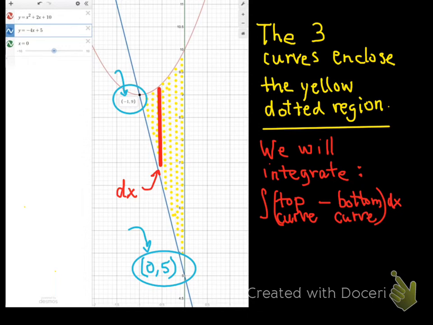So notice, if we're integrating with respect to x, we're using the x coordinates of intersection, the negative 1 and the 0. So again, integrating from negative 1 to 0, the top curve x squared plus 2x plus 10 minus the bottom curve negative 4x plus 5, and this will be dx.